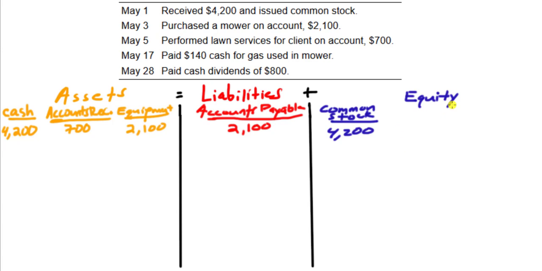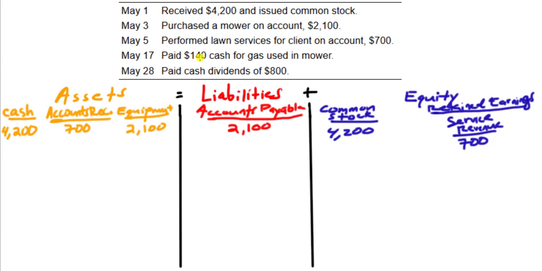So in equity, in the retained earnings section, under the service revenue account, service revenue increased by $700. Okay. So once again, does the equation balance? Well, yes, it does. We increased each side by $700.